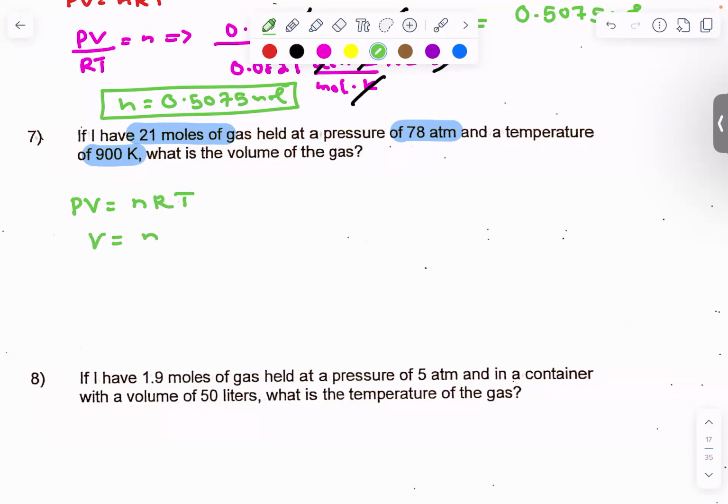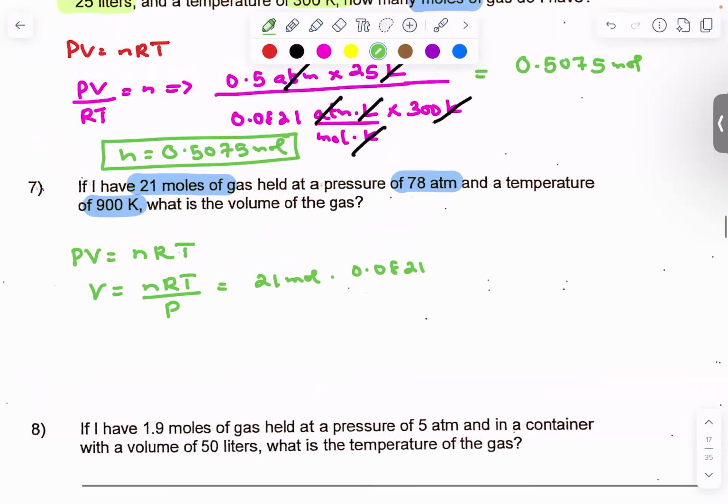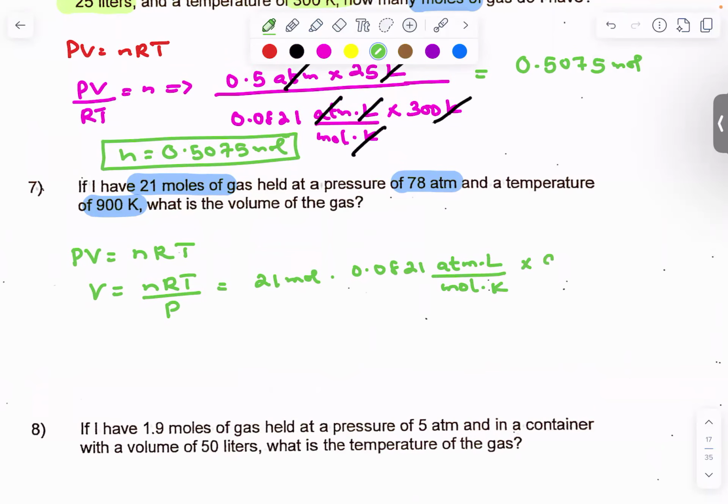So V equals nRT over P. Okay, I got 19.9 liters.